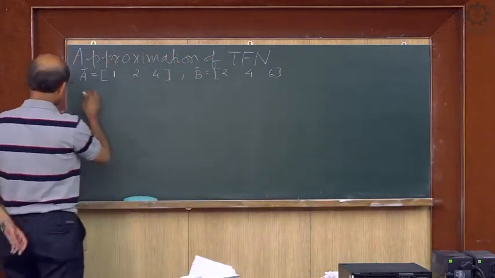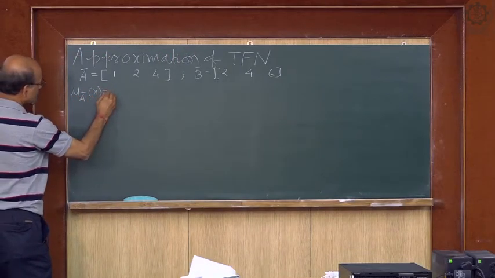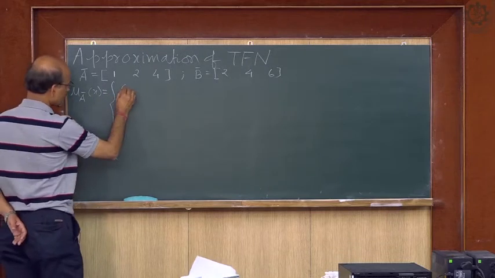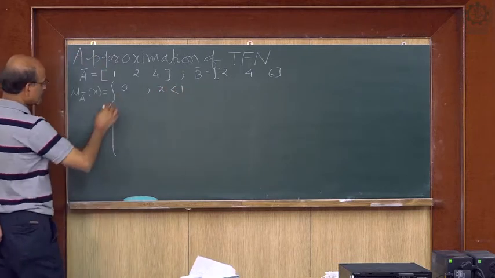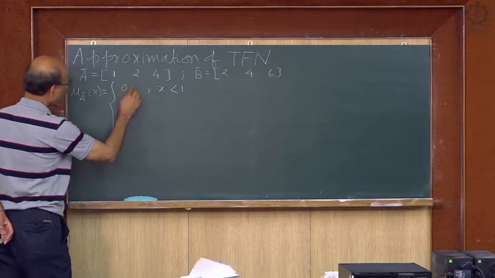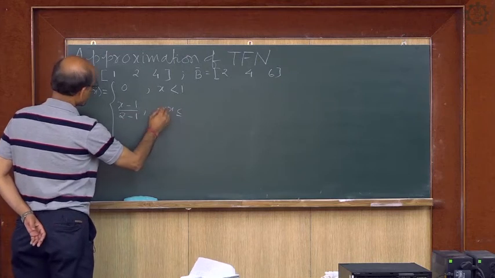If I want to write the membership function for this, I will have mu A bar x as 0 for x less than 1, then from 1 to 2 it will be x minus 1 by 2 minus 1, that is x minus 1 when it is between 1 and 2.